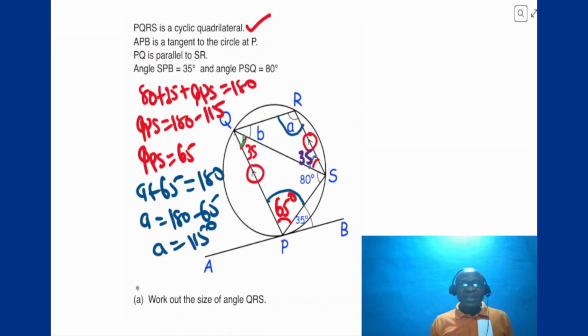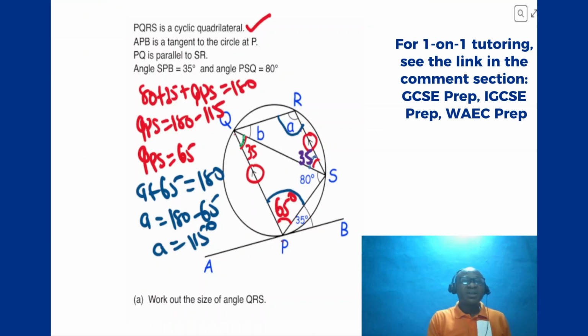So I write A, and the A is already known. So I write B, small letter B, plus A, which is known as 115, plus 35, which is the angle I got by alternate angles, should be equal to 180.